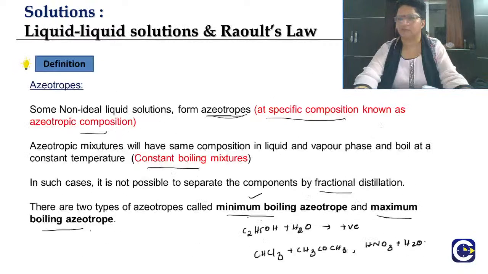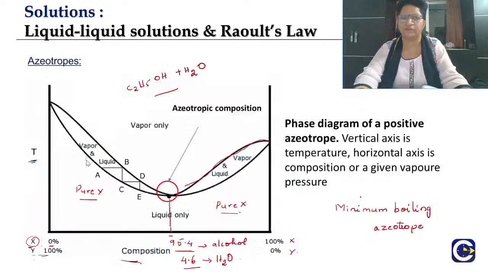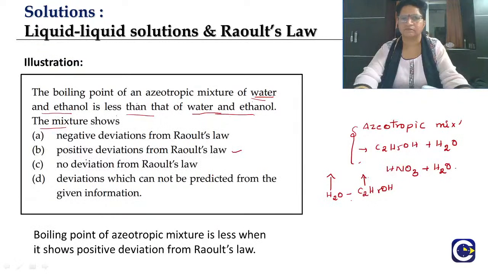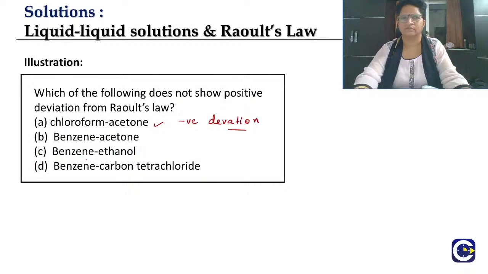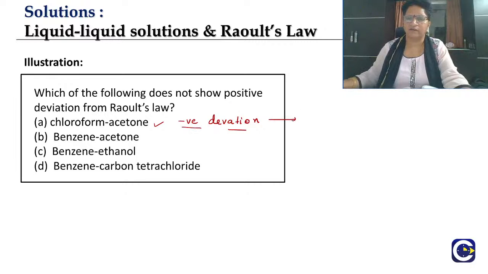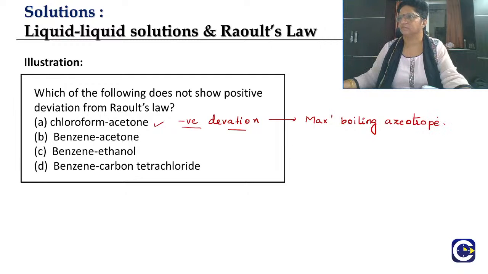And Aditi, I know both of you answered A. I thought it is for the next question. So this shows a negative deviation. It forms a maximum boiling azeotrope. Is it okay? You understood why it is forming a maximum boiling azeotrope or minimum, Aditi? Did you understand?